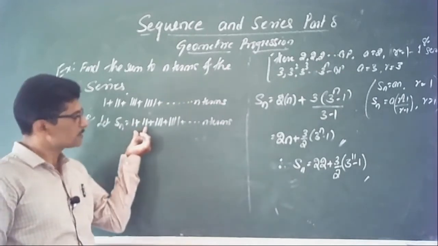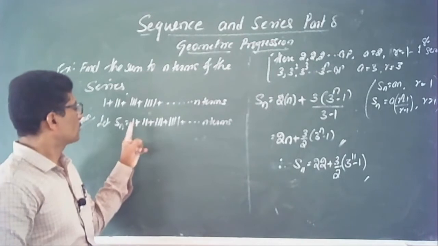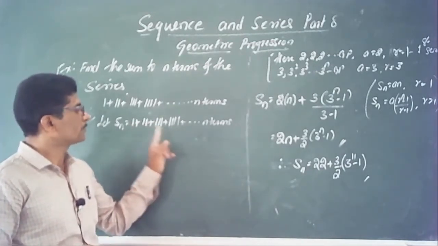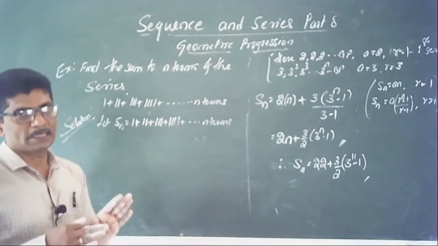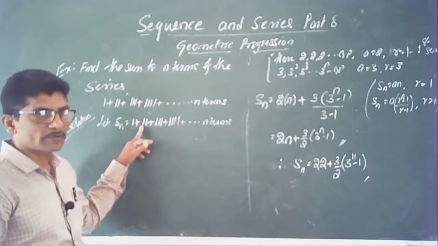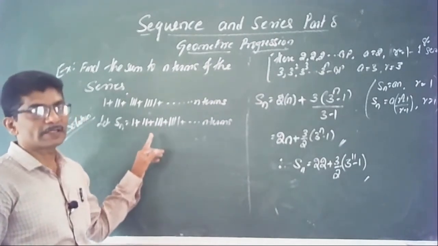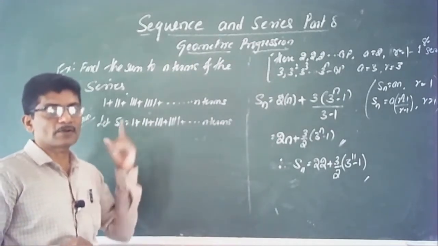This series is neither AP nor GP. The common difference between the second and first term is 10, the third gives 100, then 1000. It is not in AP. Common ratio: any term divided by its previous term, 11 by 1 is 11, 111 divided by 11 is not equal to 11. Therefore, it is neither AP nor GP.